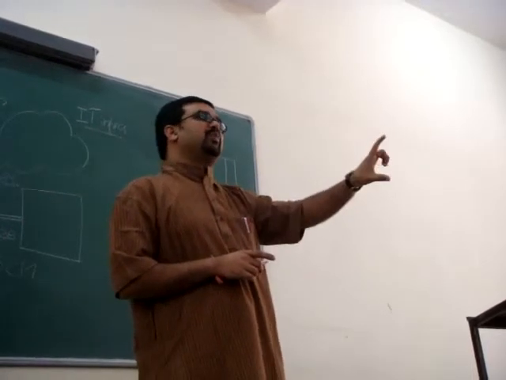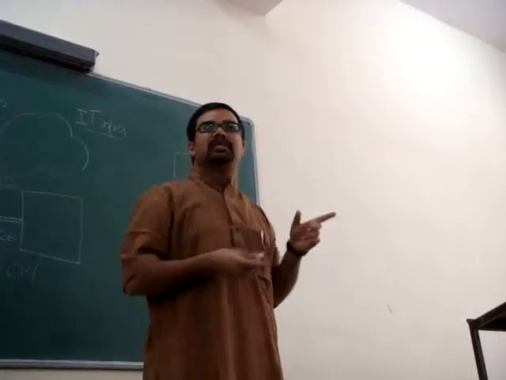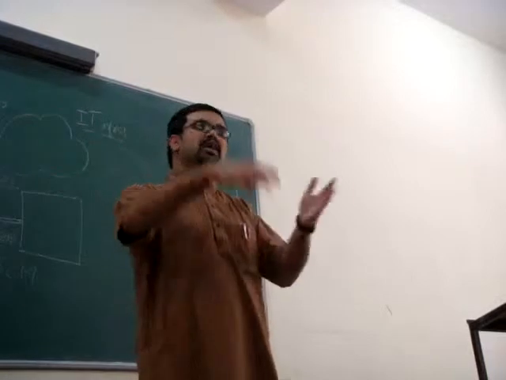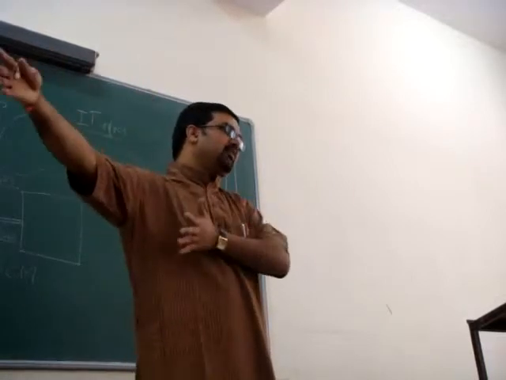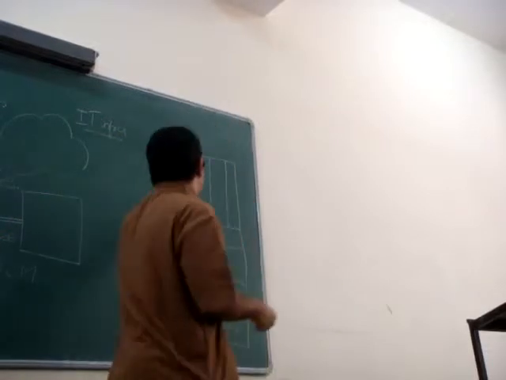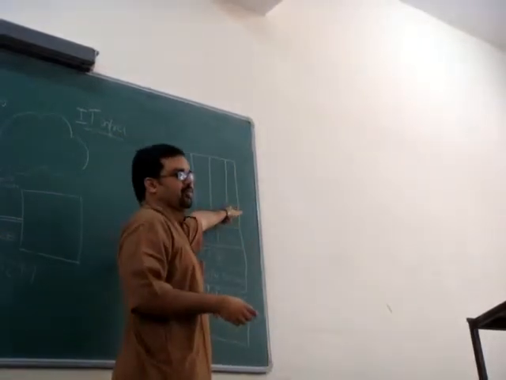For example, HR people will have one information system for payroll generation, one information system for managing the employees, their leave and promotion and issues like that. Sales will have their own information system. They will all have their own functional information systems.